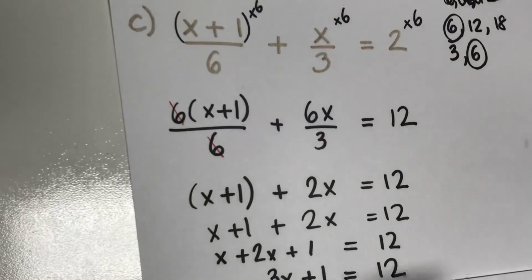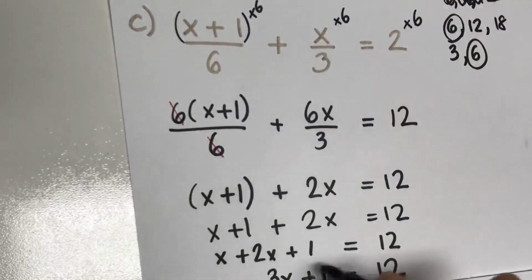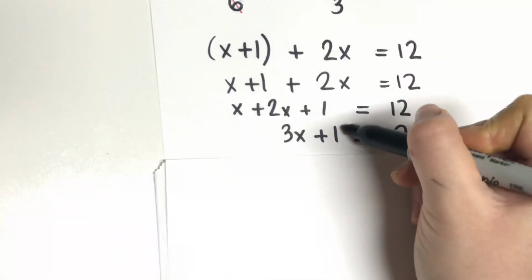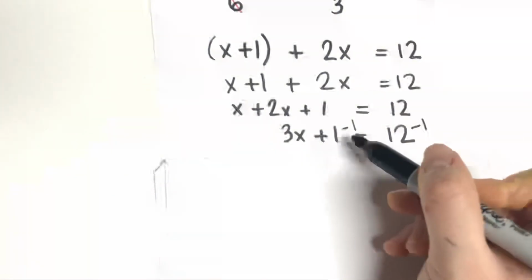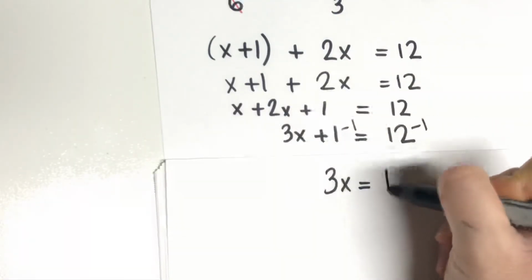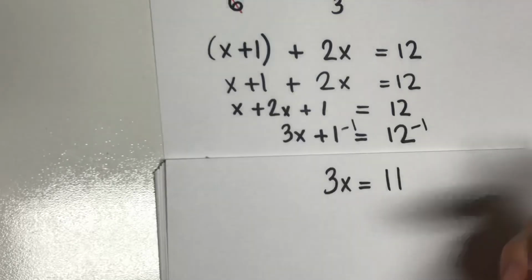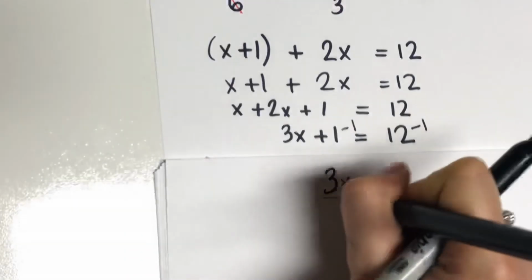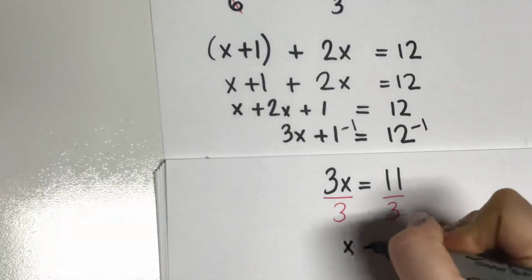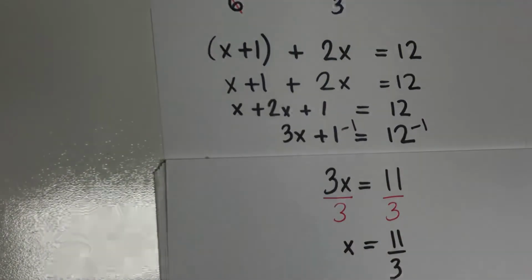So I want to get rid of this plus 1, so I'm going to subtract 1 from both sides. And I'm left with 3x is equal to 12 minus 1, which is 11. The opposite of multiplying by 3 is dividing by 3. So x is equal to 11 over 3.